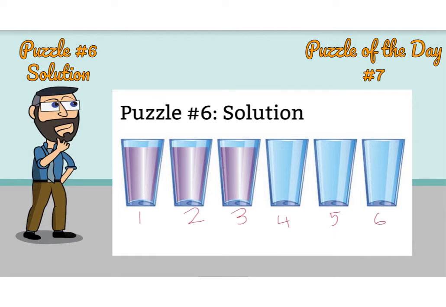If you take the second glass of juice and pour it into the 5th glass, the 5th glass now has juice filled, and the second glass becomes empty, leaving you with a pattern of juice, no juice, juice, no juice, juice, no juice, and I only moved one glass.